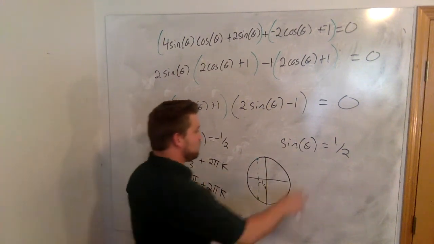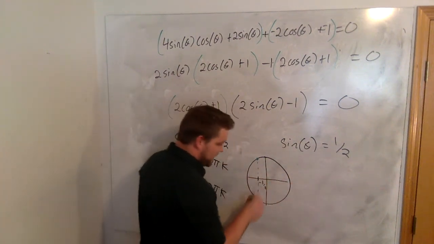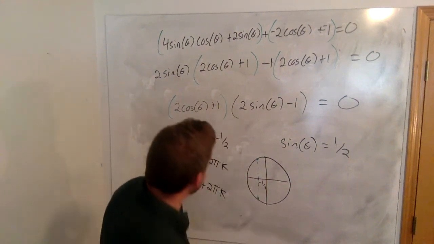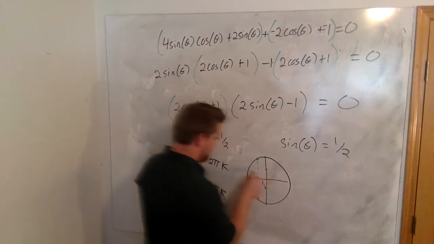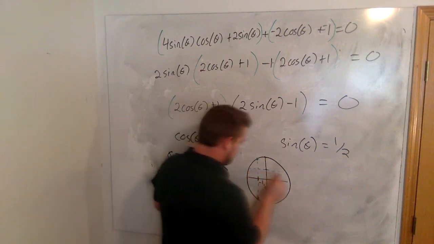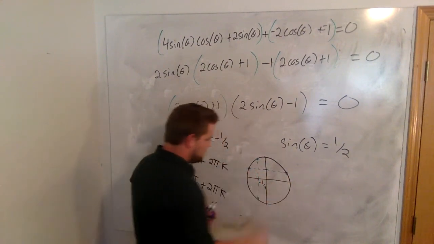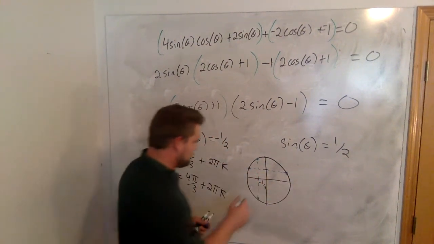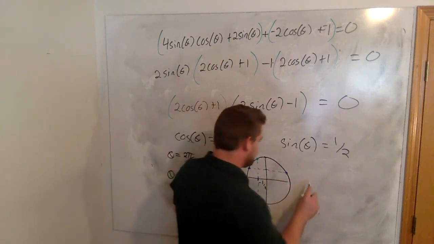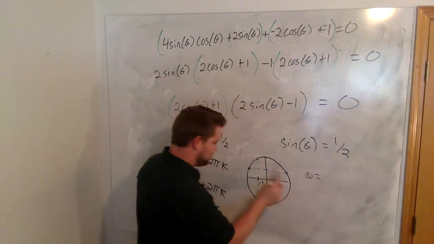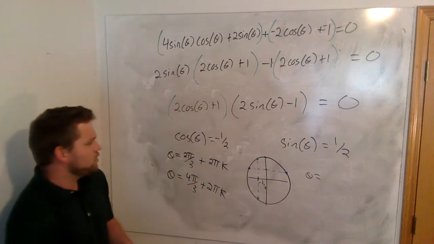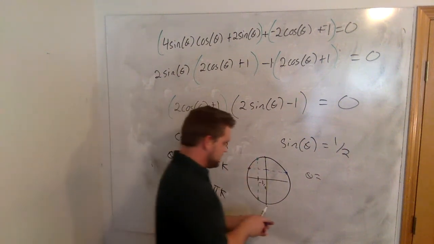Okay, what about when sine is equal to 1/2? That's when the height is 1/2. So we need these 2 locations. Well, this one here, what is this going to be? That's when the y-coordinate is 1/2. That's going to be pi over 6.